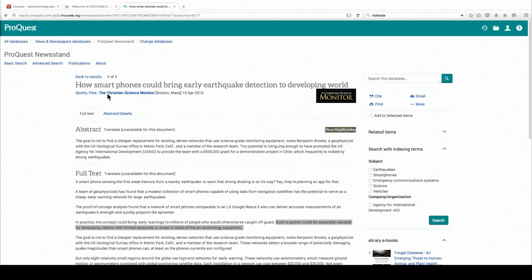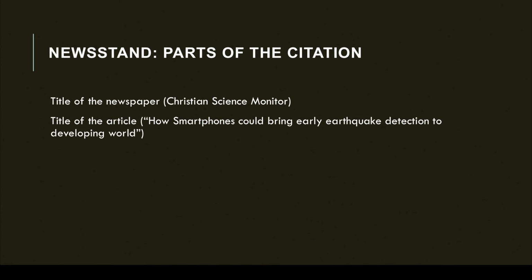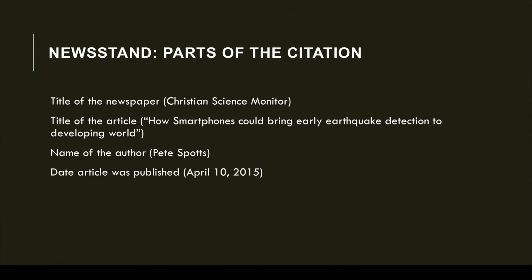Now, in addition to the title of the article and the title of the news source, you would need the name of the author, if there is one. In this case, his name is Pete Spots, and the date that the article was published. In this case, April 10th, 2015. If the news source is unfamiliar to many in your audience, you must also include a brief explanation of the news source.